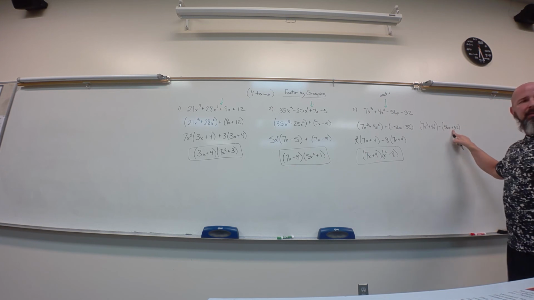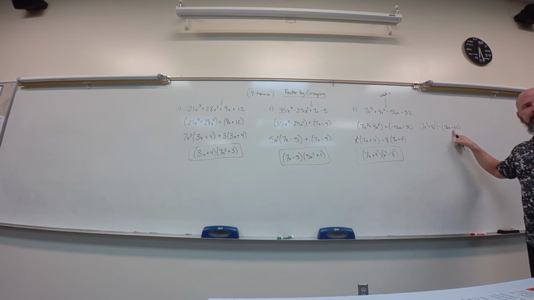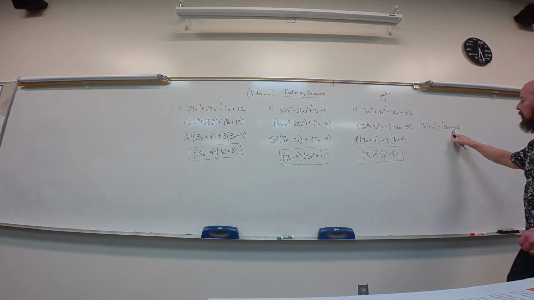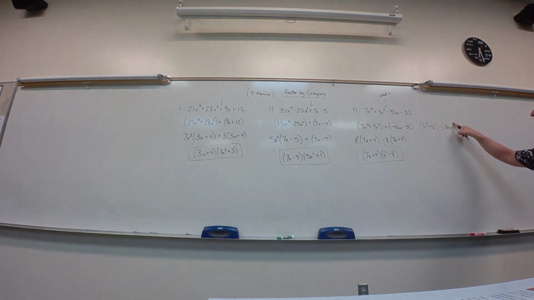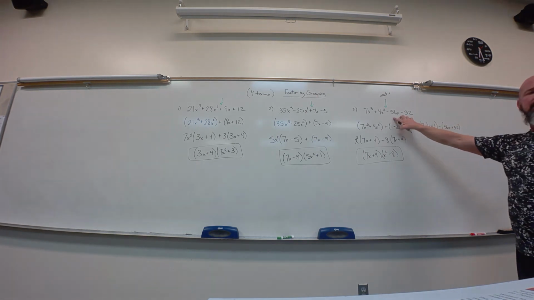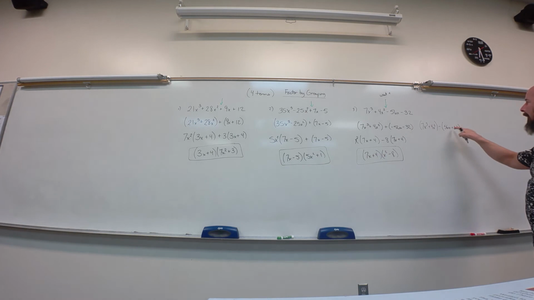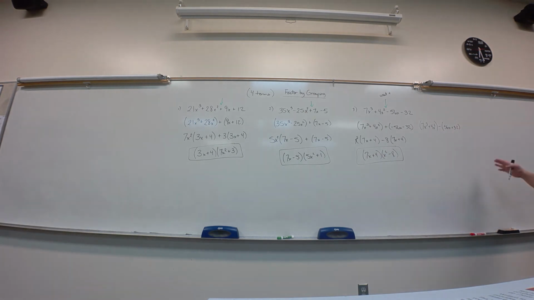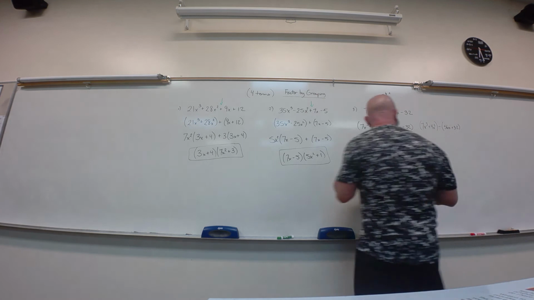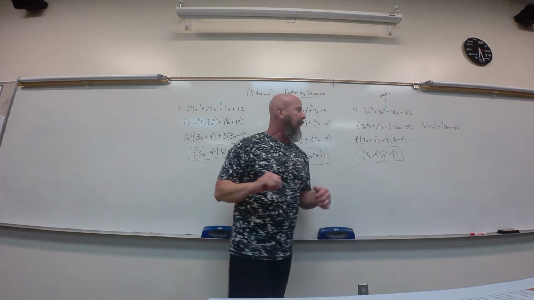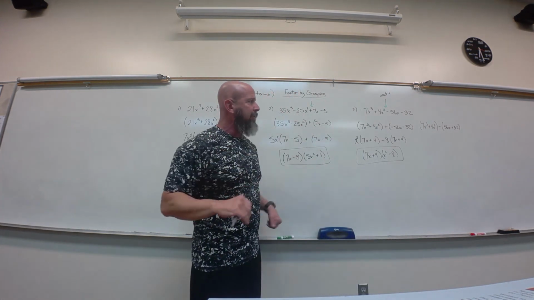It would have to change this sign to a plus. Again, think about multiplying. Negative, negative would get me back to this. I see this missed more often than anything, students forgetting to actually change that sign over there.